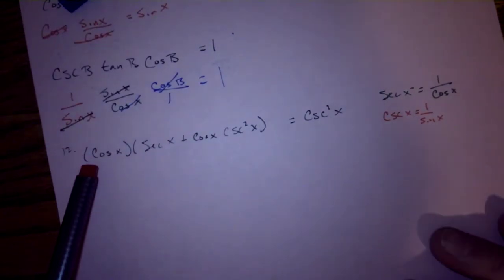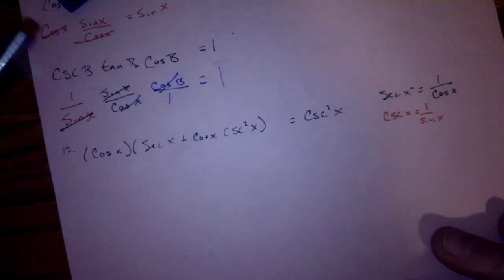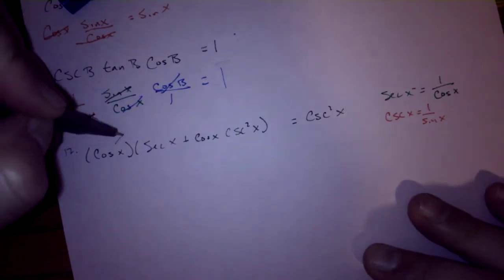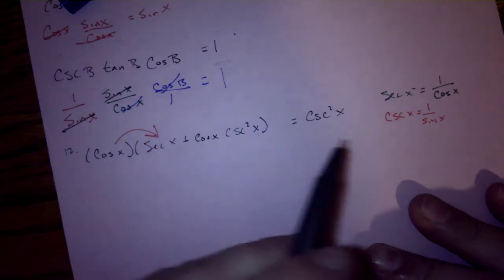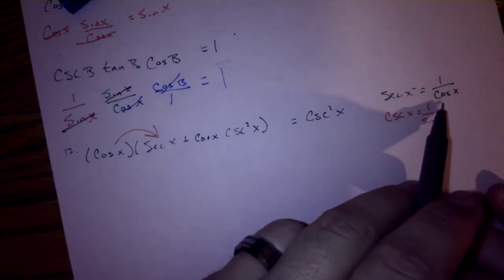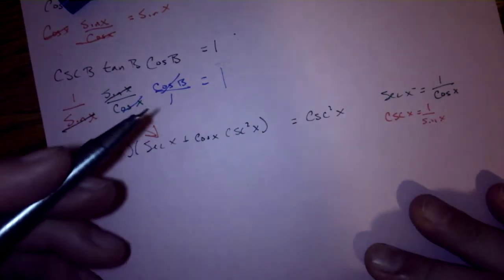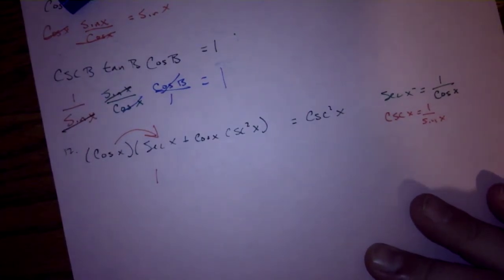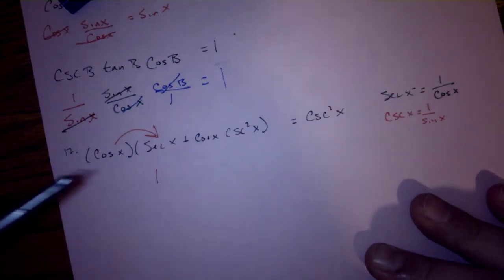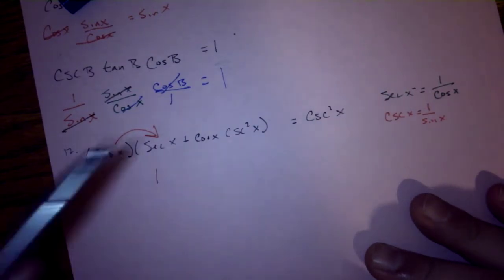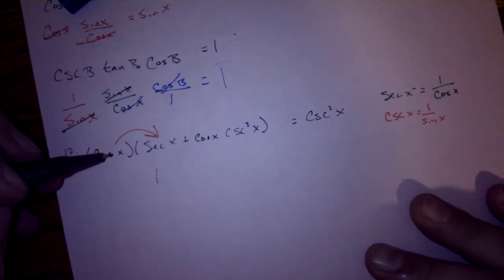All right, so first thing I want to do is distribute this. So this is going to be cosine times secant, but we just did this over here. Secant is 1 over cosine. So this is going to become 1, right? Because we have cosine of x times 1 over cosine. So those cosines cancel out. We're left with 1. Okay. So now we're going to end up over here.